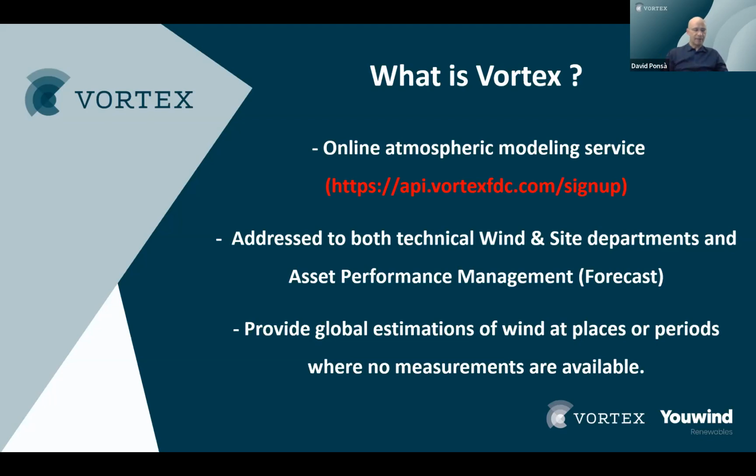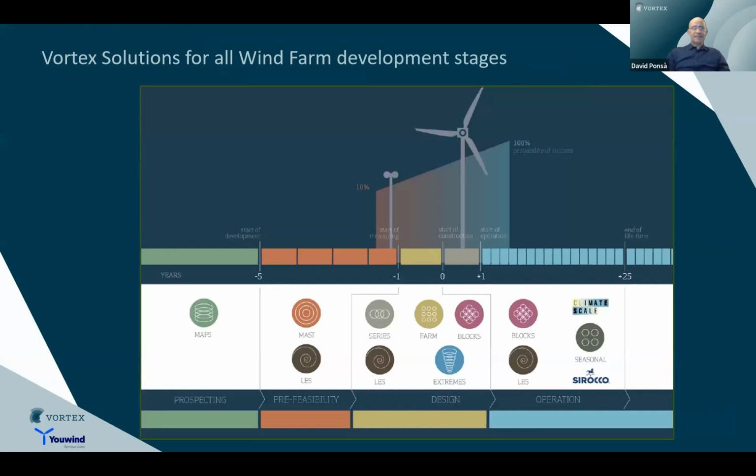Okay, next slide, please. As I said, here are all the different products from Vortex. Basically, we've been historically focused on hindcast solutions, which means that we look backwards and we have an idea of the wind conditions in a site for the last, let's say, 30 to 40 years in any site of the world.